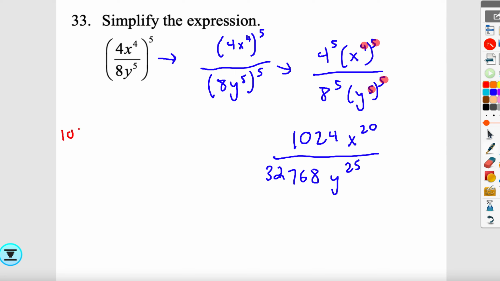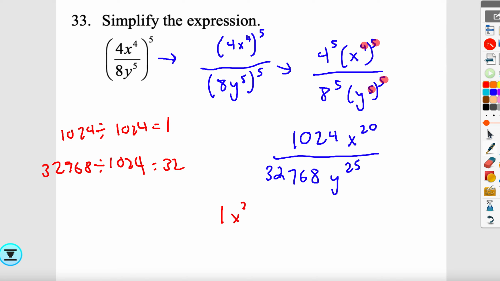I'm going to do 1,024 divided by 1,024, then 32,768 divided by 1,024. Well, 1,024 divided by itself is just 1. Here, look at it in the calculator, it becomes 32. So now that we know what we're dividing by, this becomes just 1x to the 20th over 32y to the 25th. And we're done.